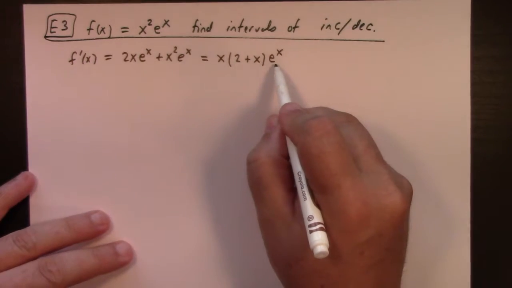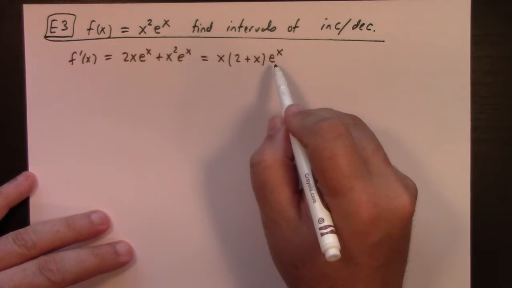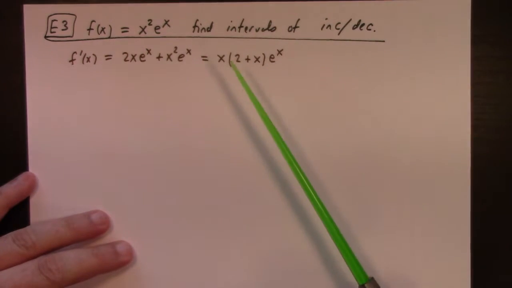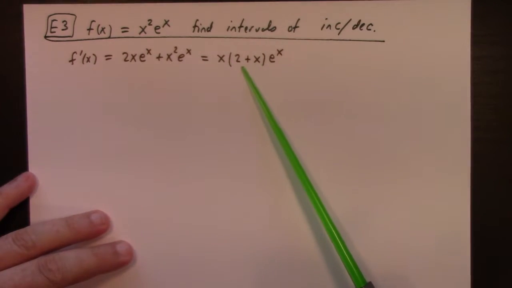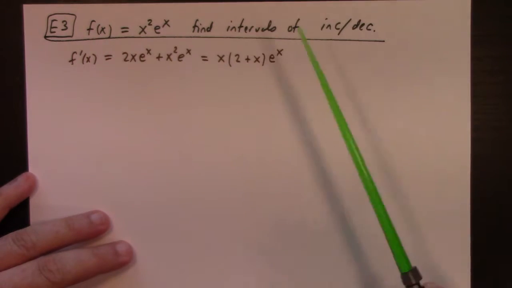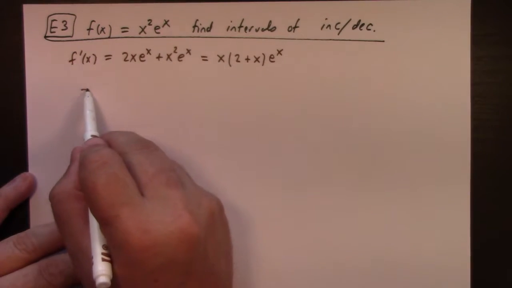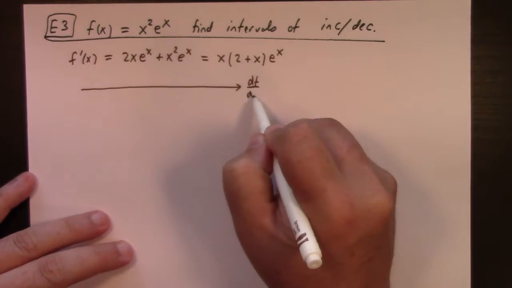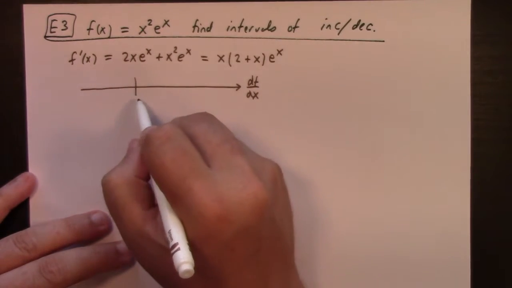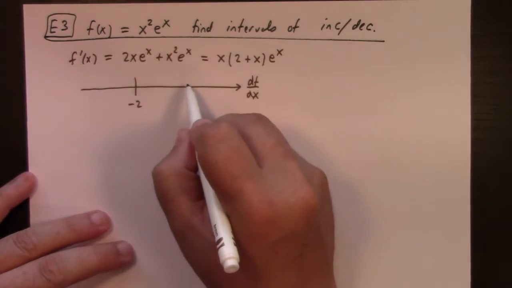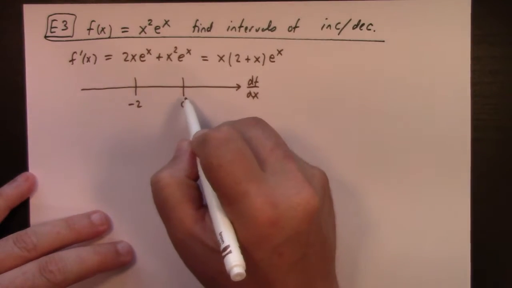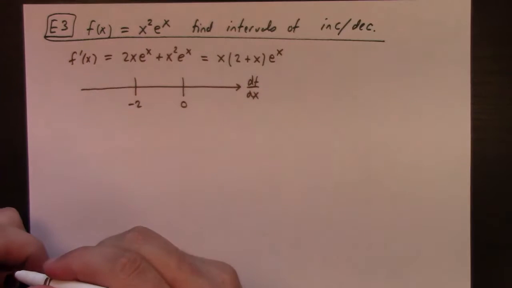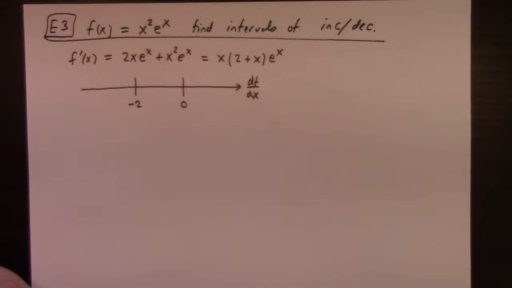Now, this is never 0, right? The exponential is never 0. Whereas this guy is 0 when x equals minus 2, and that's 0 at 0, right? So we can make a sign chart for the derivative, which is super useful in guiding our thinking about where things are positive and negative. Just like I showed you for the inequality of the polynomial in the earlier lecture, right?